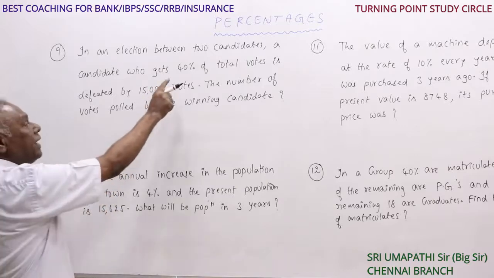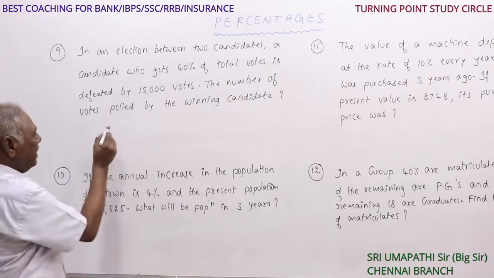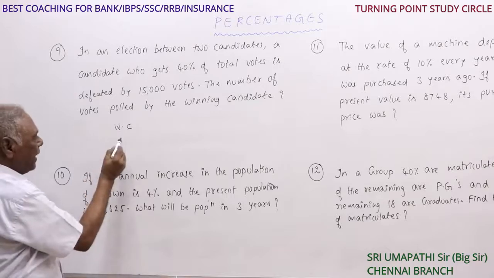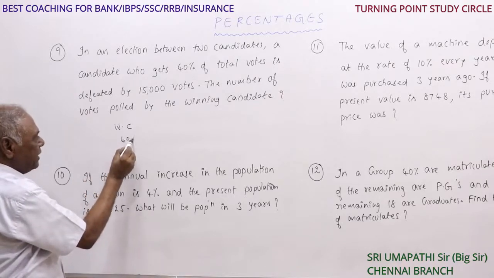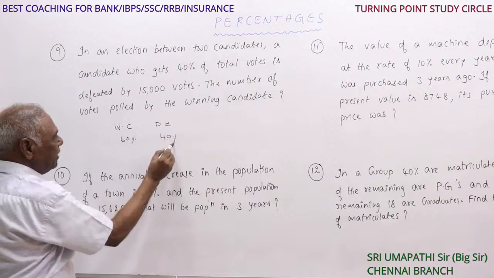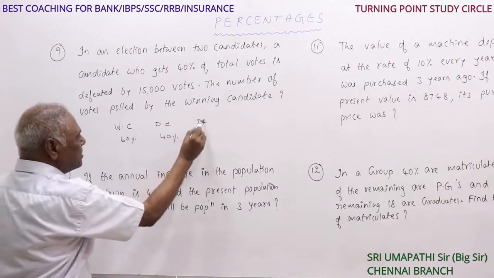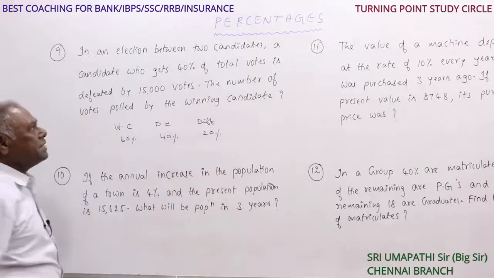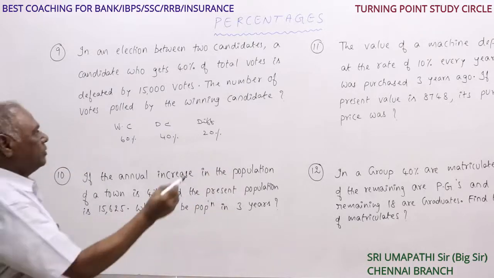As the defeated candidate got 40%, the winning candidate got 60%. So winning candidate 60%, defeated candidate 40%. So the difference is 20%. So this 20% is given to be 15,000.